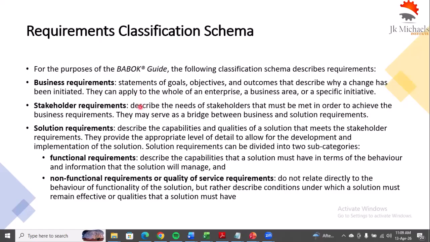And these stakeholder requirements describe the needs of the stakeholders that must be met, right, to achieve the business requirements. So if we say we want to streamline the process and eliminate waste by 20-25%, leading to a reduction in financial resources and effort, that's fantastic.